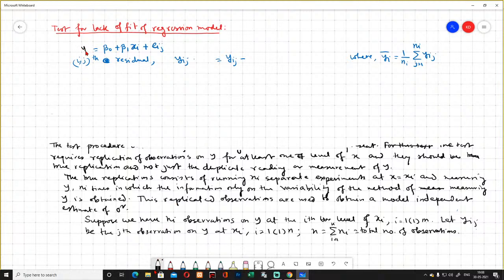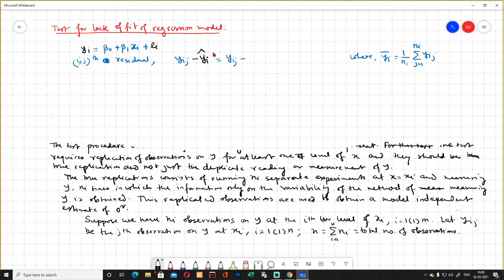This is the model, okay, not yij, this is the model, and then the ijth residual is yij minus yi hat, which is the fitted value.